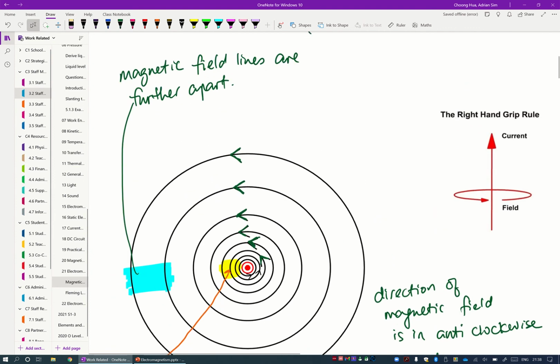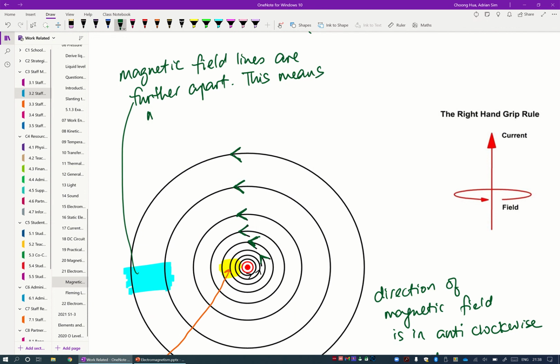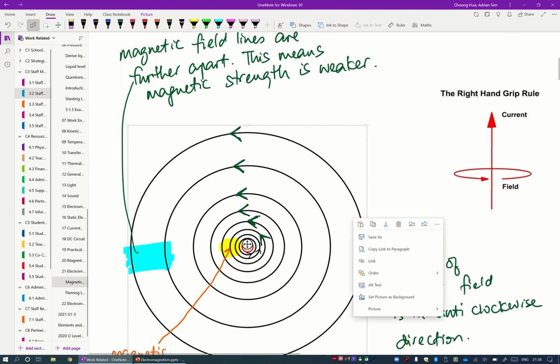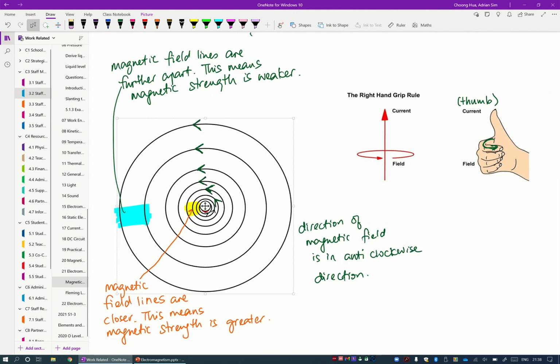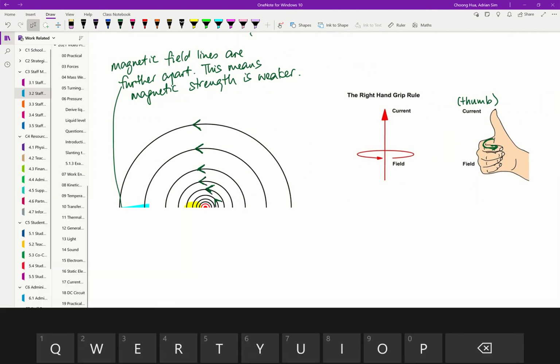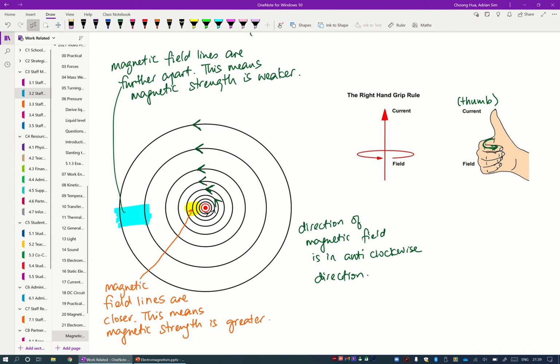This means magnetic strength is weaker. So we're going to put all these things together. We notice that as you move further and further away from the current, the magnetic strength becomes weaker and weaker.